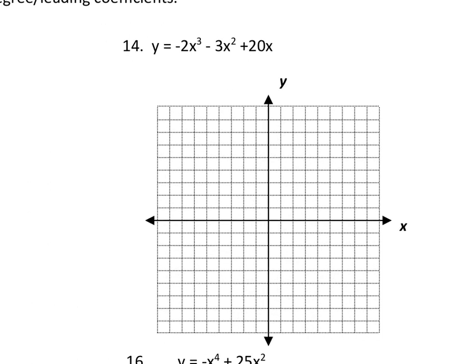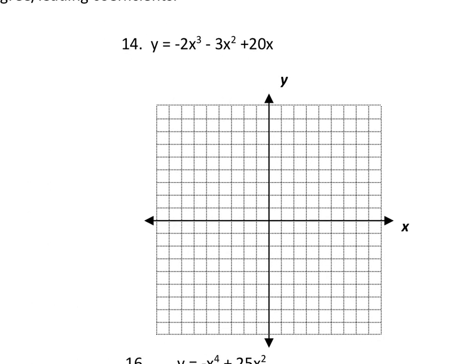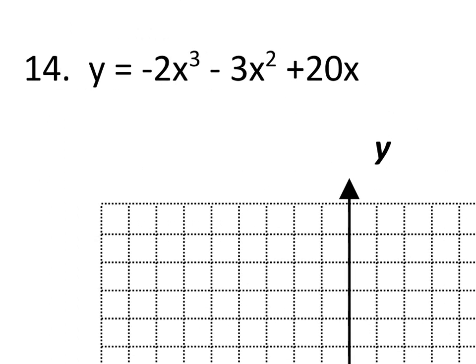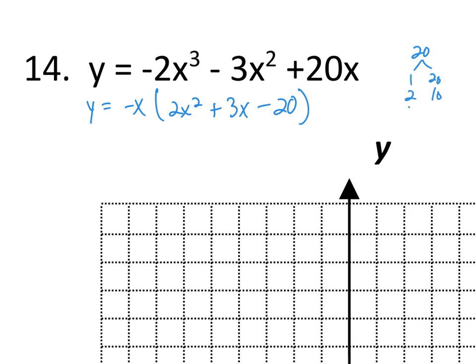All right. This one, I can pull out a negative x out of each term. And we're left with 2x squared plus 3x minus 20. And then let's see, factors of 20 are 1 and 20, 2 and 10, 4 and 5.